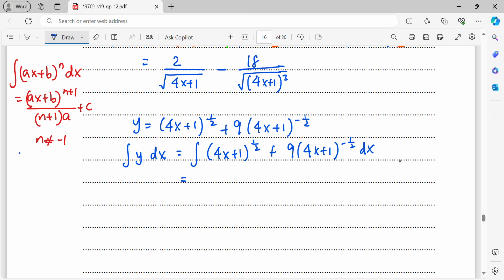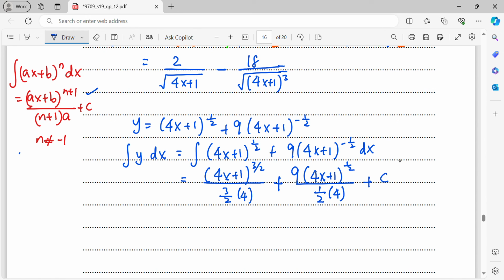So when I integrate, use this formula, rewrite the whole function. The degree instead of half now becomes 3 over 2 because you plus 1. So 3 over 2 over the new degree 3 over 2. And now we differentiate the function inside the bracket, 4x plus 1, so you are getting 4. Okay, for the second term, rewrite the 9, rewrite the whole function. Now your degree minus half, you plus 1, that is half. Then over new degree half and differentiate 4x plus 1, it is 4.